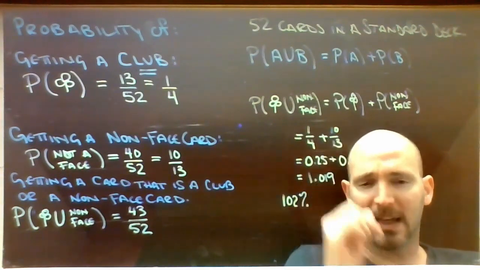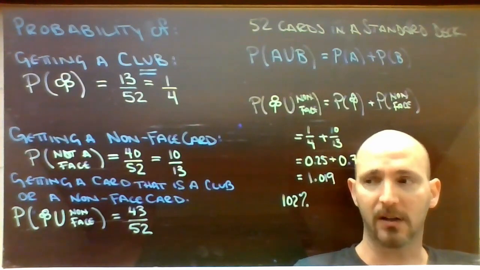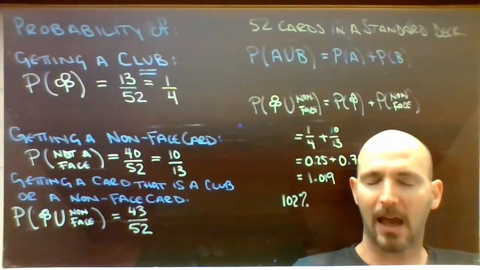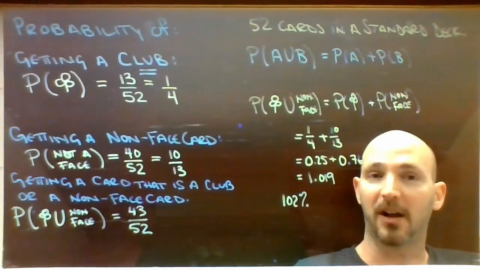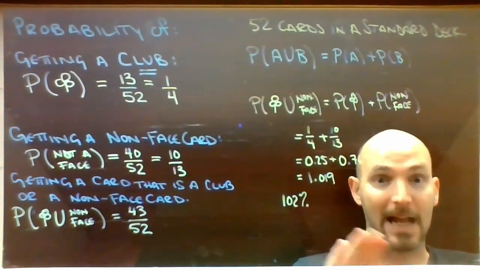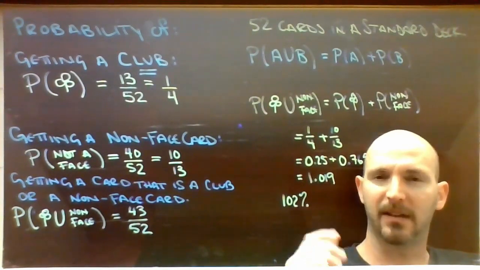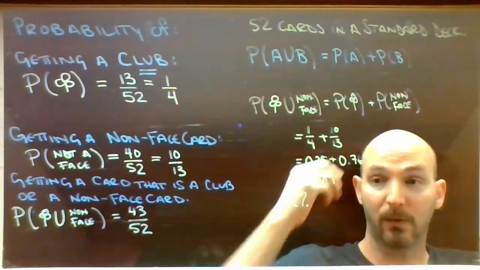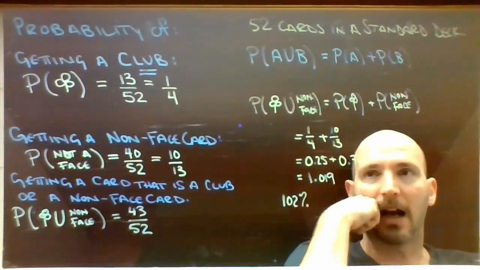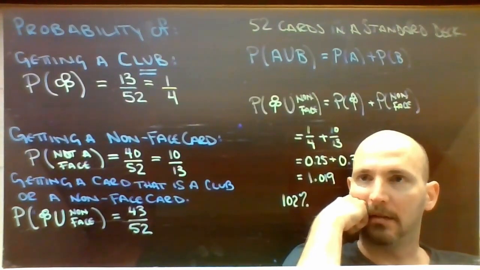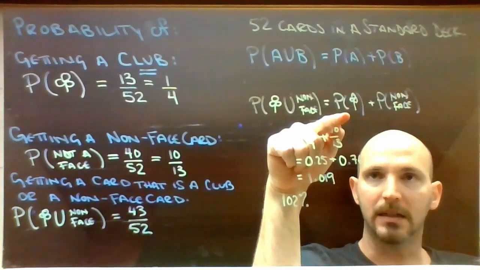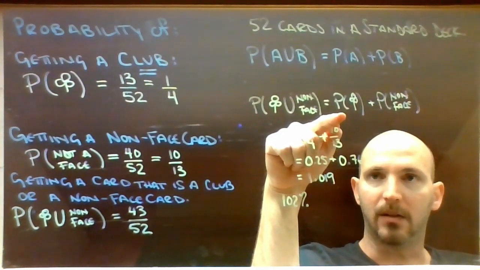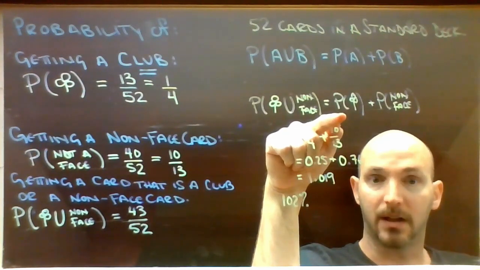The second issue is that you might reach into that deck of cards and pull the King of Hearts. Well, the King of Hearts isn't a club, and it's a face card. And I already said there was a more than 100% chance of that not happening. So this is all inconsistent. The problem is that we've overcounted. And how did we manage to do that? Well, the probability of a card being a club included the ace through 10 of clubs.